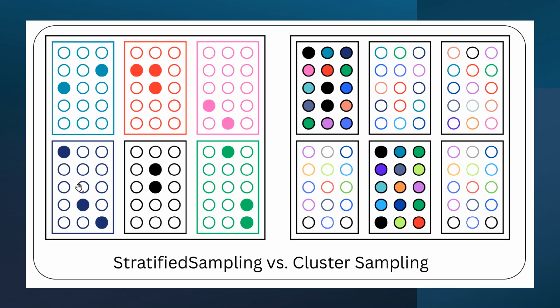Another one is purposive sampling. In case of purposive sampling, we collect data from the people whom we believe have the best knowledge or best understanding of the object or the issue that we are studying. There is another method called snowball sampling.